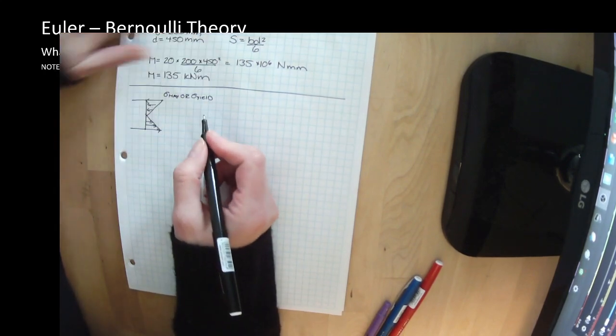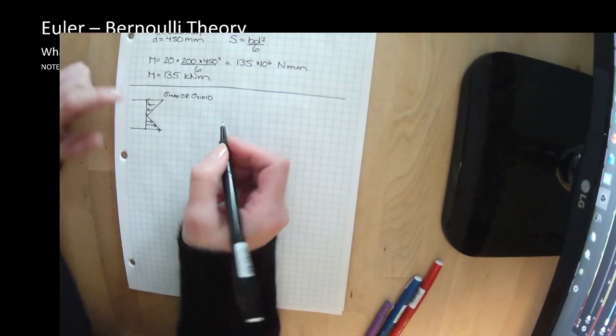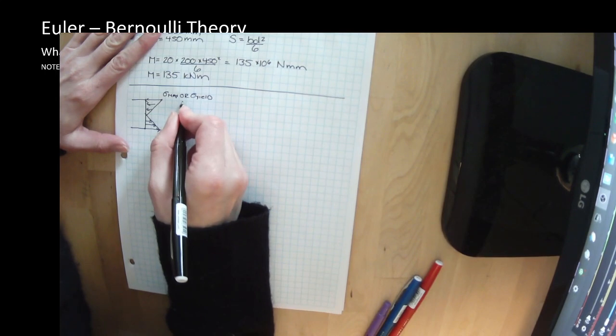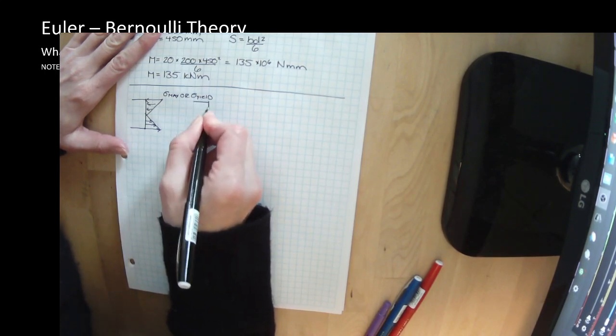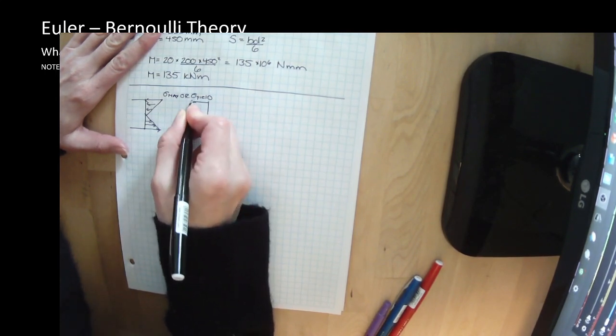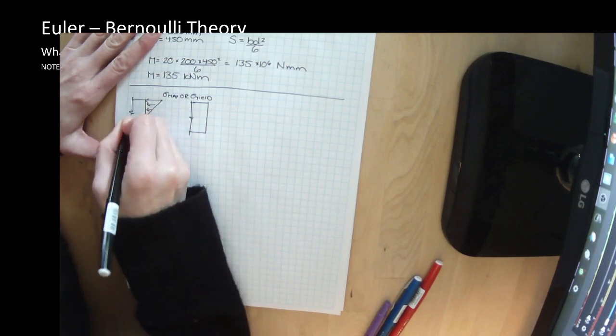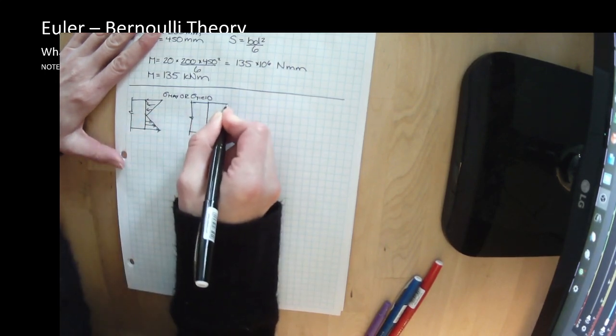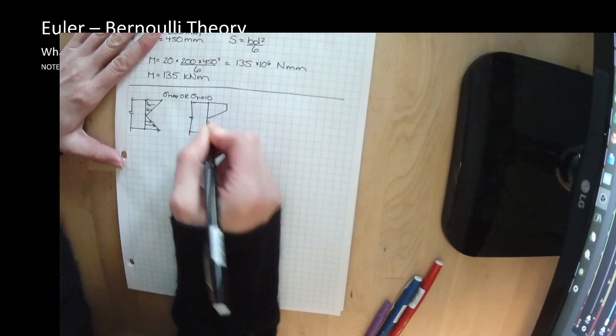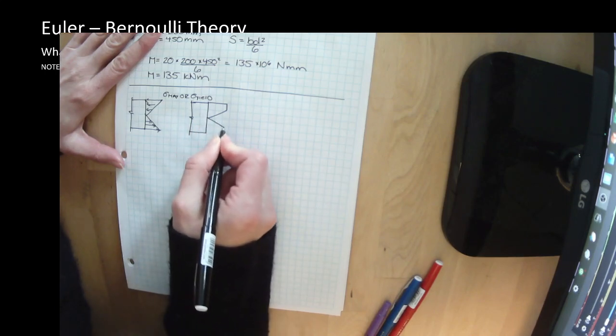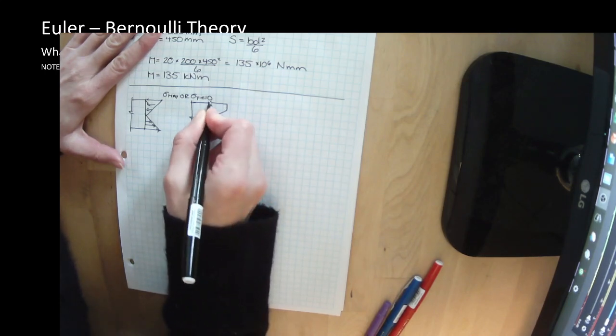So what if we went just a little bit past this? Let's draw the same thing again. We went just a little bit past that point. Maybe we get a stress profile that looks like this.